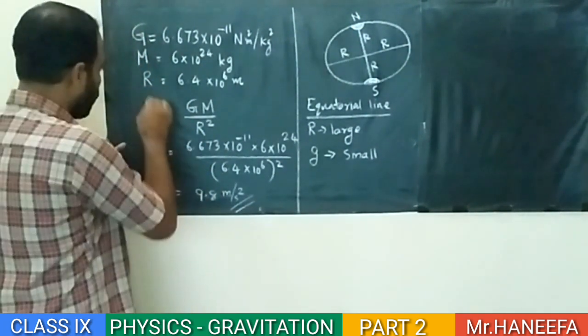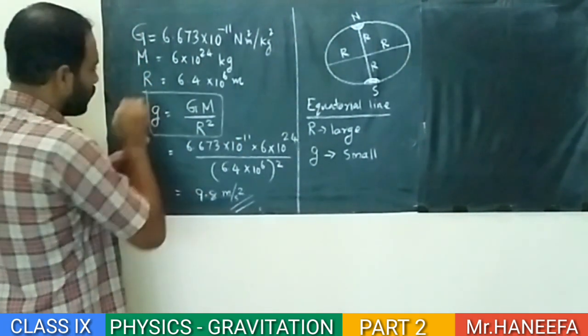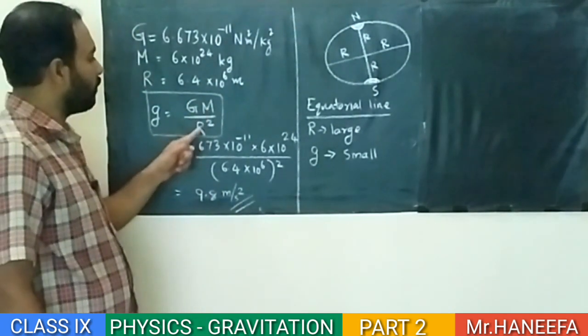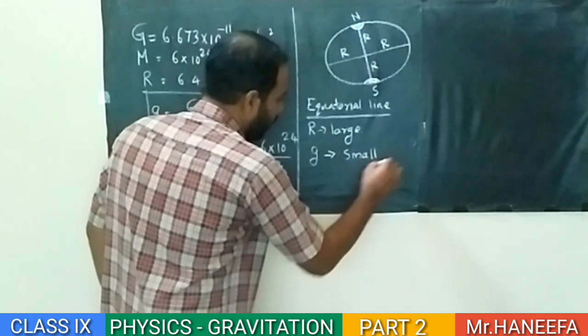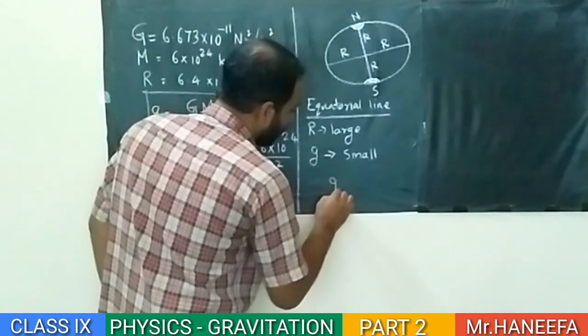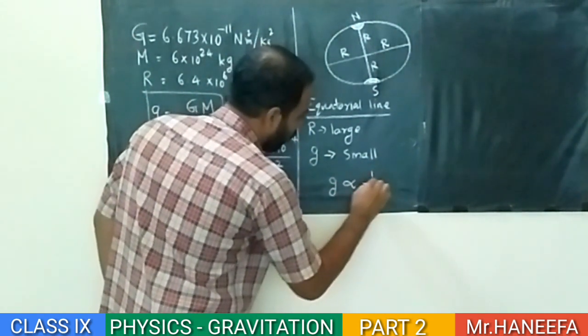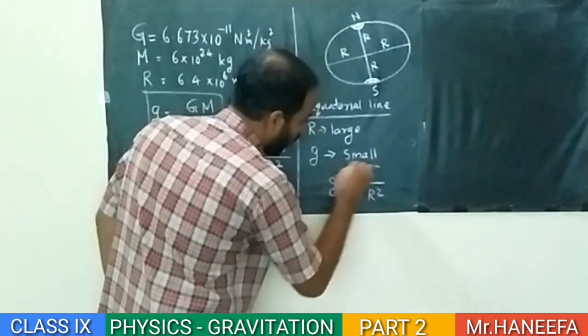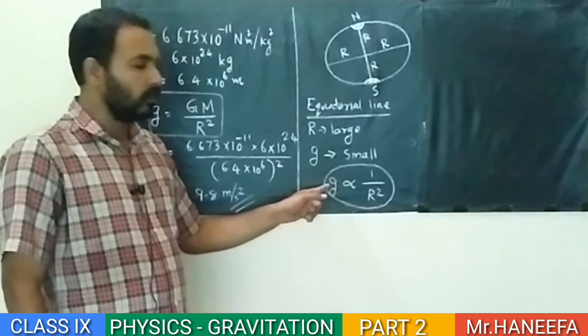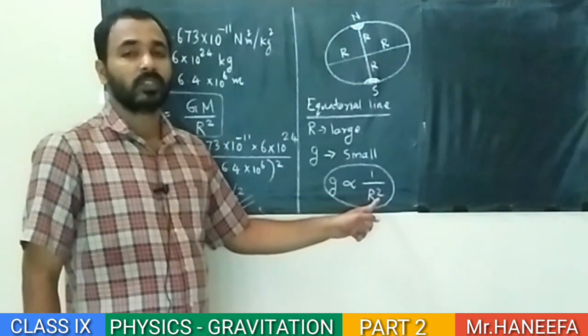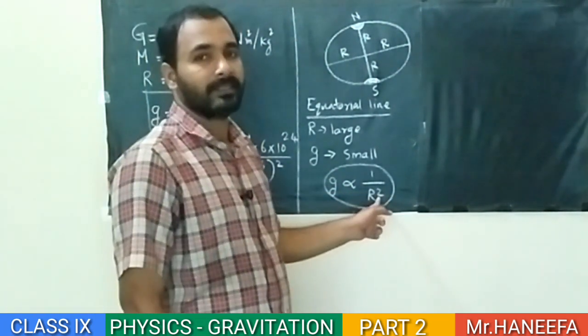So this is the equation. g equal to GM by r square. Okay, why? g is inversely proportional to r square. g is inversely proportional to square of the radius.